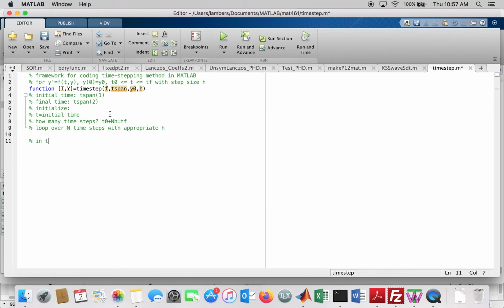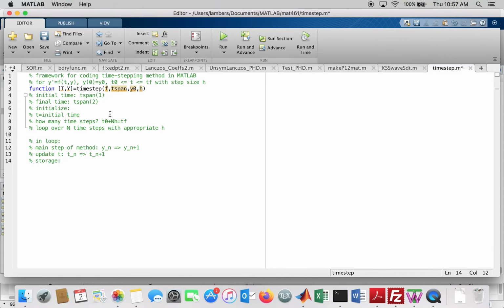So in the loop, the main step of a method. So what do you do to go from yn to y n plus 1? The homework problems I have are coding explicit methods, so it's easier to do. Whatever formula describes the method, that's what you put here inside a loop, and then there's things to update. So you update t also, because tn goes to t n plus 1.